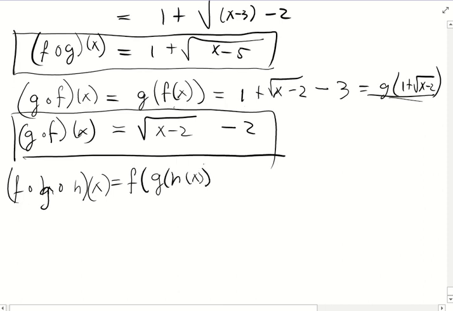So this is composition. We change h first. So this will be f of g of what is h of x.